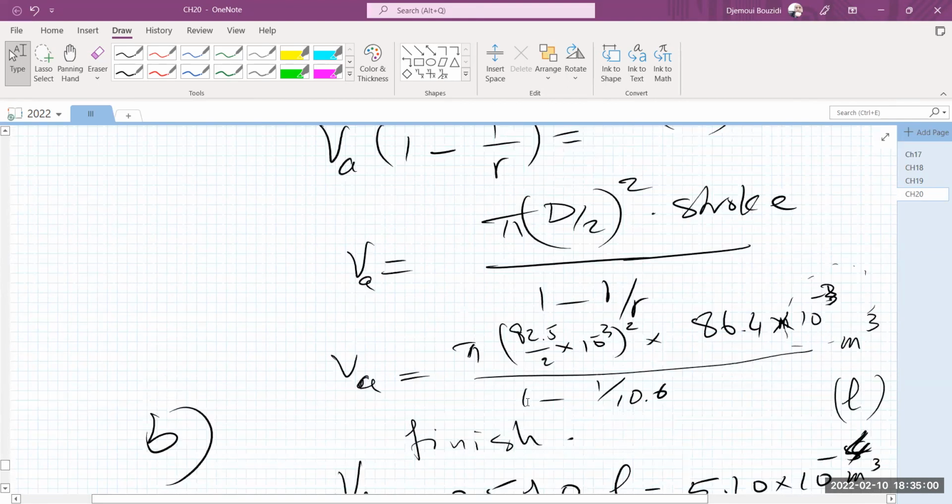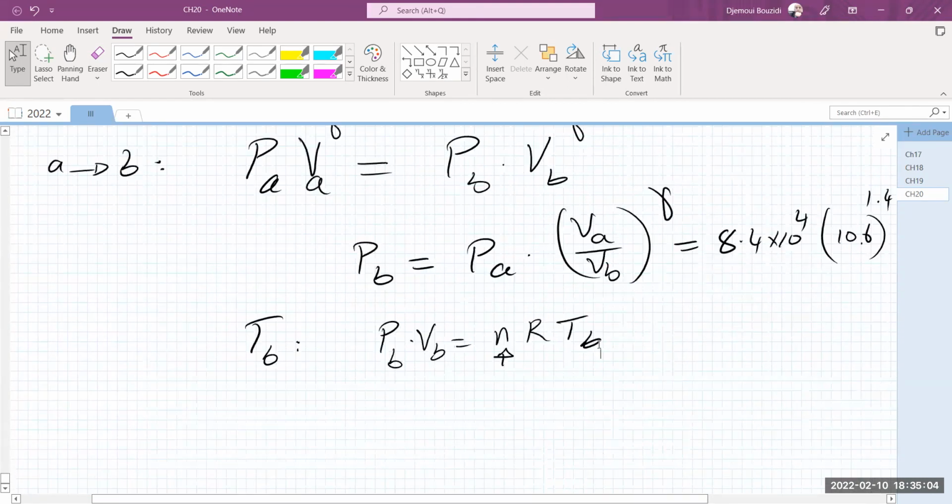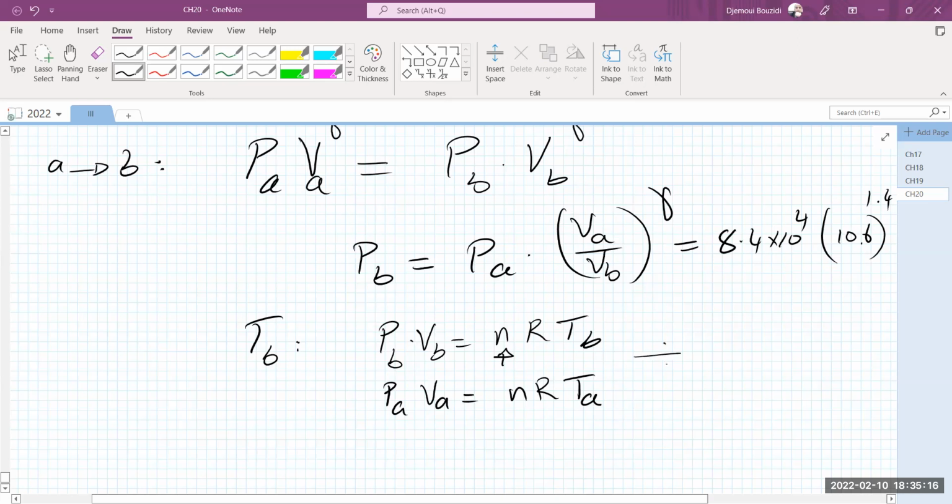From that relationship, you can find what N is, remember? But if you don't want to do it, you can say PA times VA is equal to nRTA. Now, if you do the ratio of the two, you should be able to find TB. So divide these two expressions, and the n and the R drop. You don't really need to calculate it.